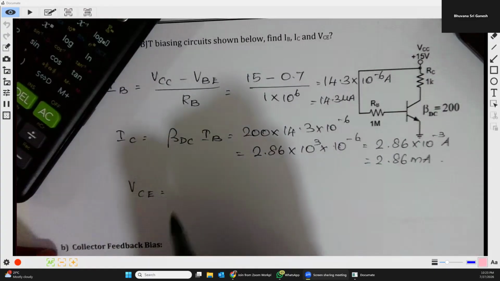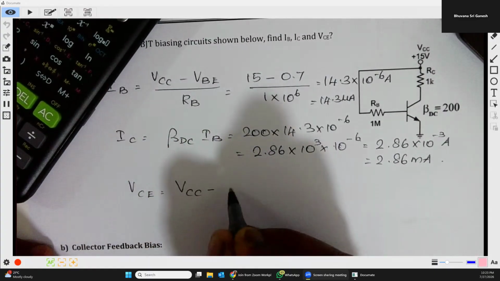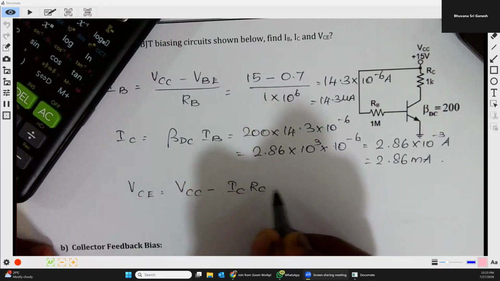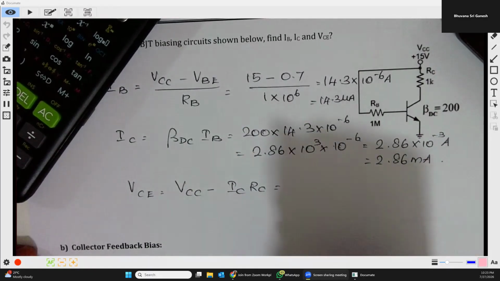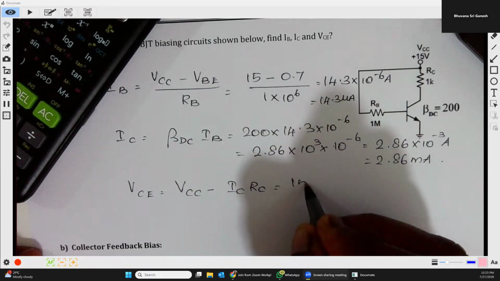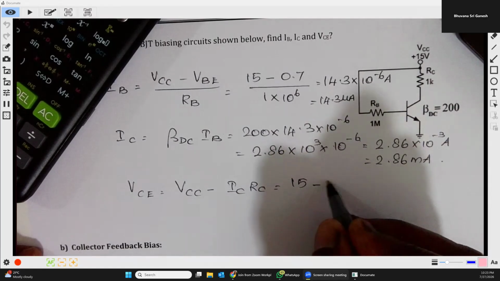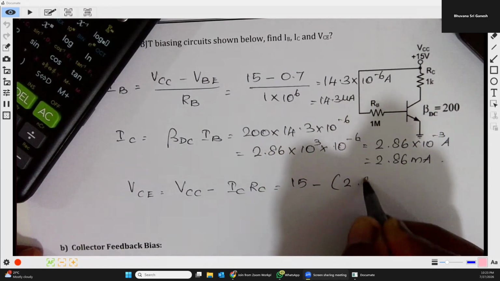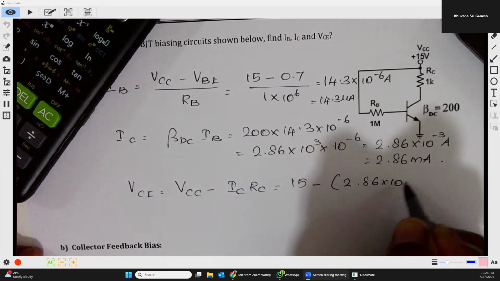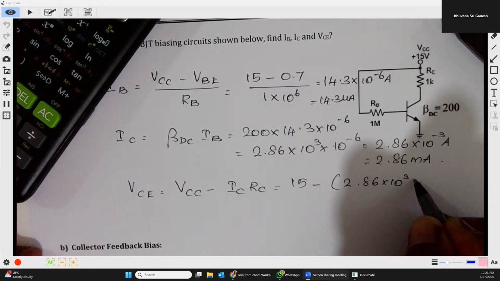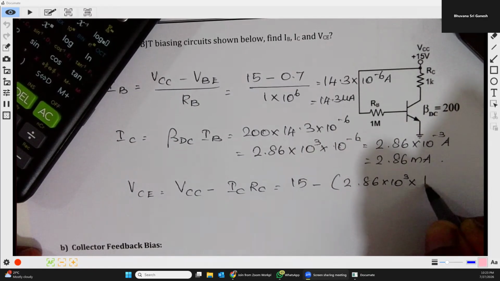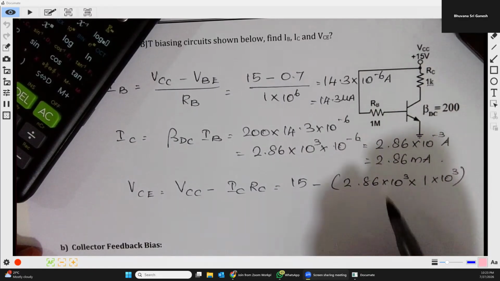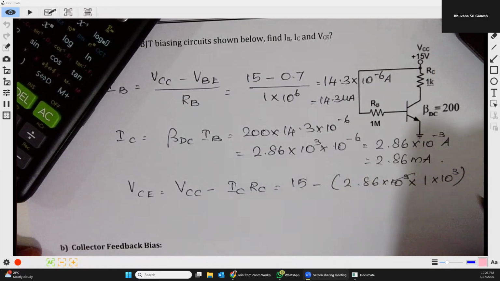Now VCE is VCC minus IC times RC. VCC is again 15, minus IC, which is 2.86 times 10 power negative 3, times RC, which is 1 kilo ohm, 1 times 10 power 3. The 10 power negative 3 and 10 power positive 3 get cancelled.